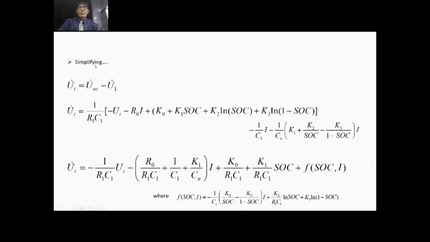If we further simplify this, not going through the detail, you will see that U dot T, where UT is the terminal voltage, is minus 1 over R C1 UT minus bracket these whole terms times I plus K0 over R1 C1 plus K1 over R1 C1 SOC plus a function in terms of SOC and I. In this case, this function will look like this. I try to extract this function out so that we can form the state space equations.